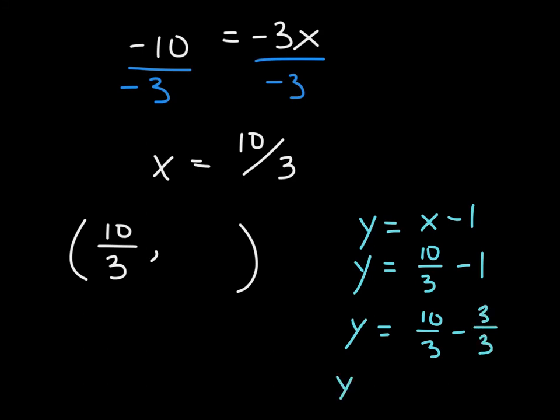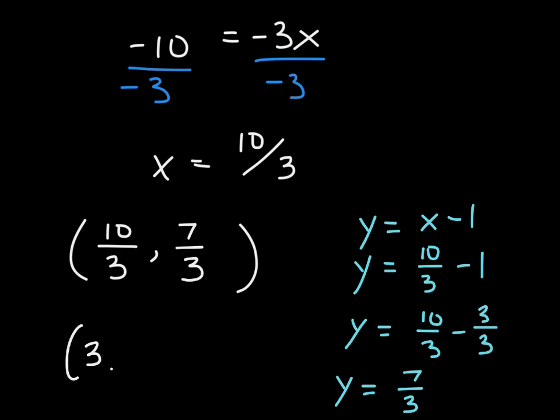So your y value that corresponds to 10/3 is just 7/3. That's the full ordered pair for the point at which it's crossing the slant asymptote.